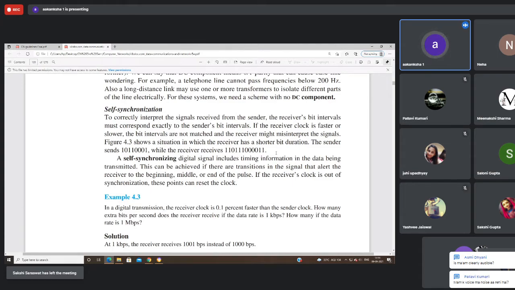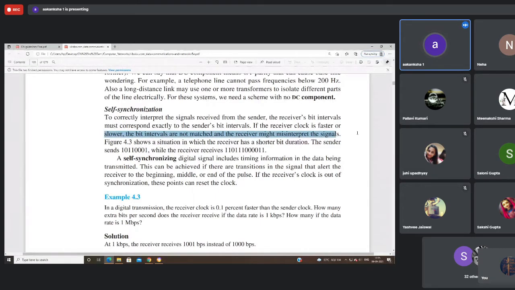Then also there will be a problem. The clock duration at the sender and the receiver sides will be different. So if the receiver clock is faster or slower, the bit intervals are not matched, and the receiver might misinterpret the signals. That is the problem.